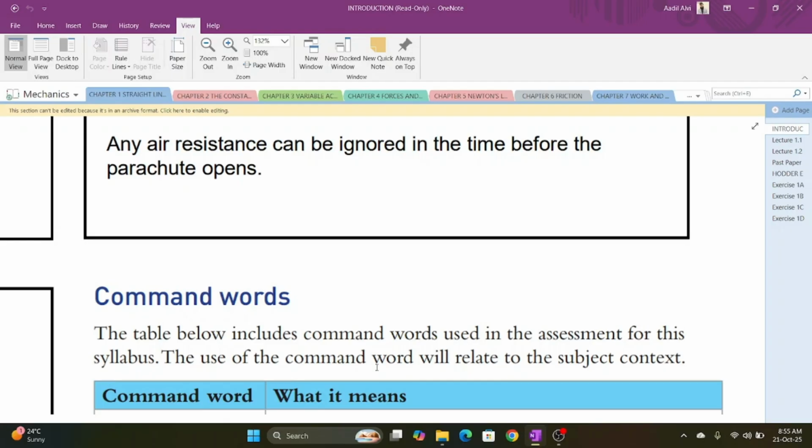For example, if they ask you to plot a graph and if they ask you to sketch a graph, there's a difference between plotting and sketching. When it asks you to plot and draw the graph, it is expecting accuracy from you, that your graph should be accurate and measured.